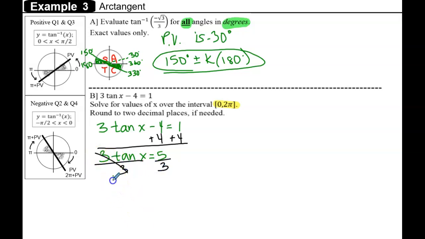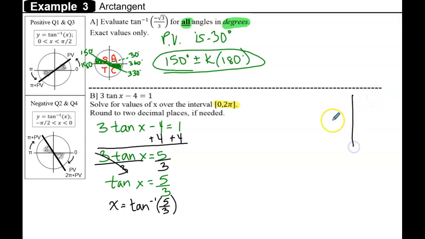And now our tangent function is isolated. Tangent of x is equal to 5/3. And to undo a tangent, we need an arctangent. So x is equal to the arctangent of positive 5/3, which means my principal value is going to come from quadrant 1.